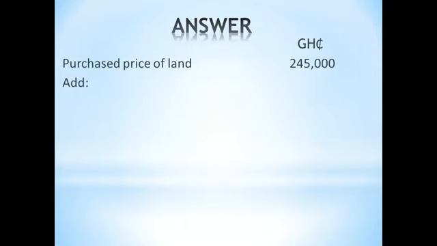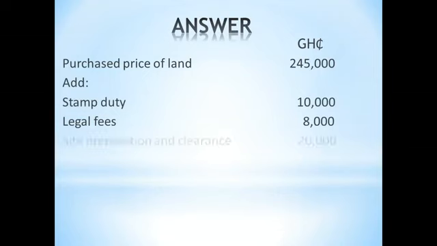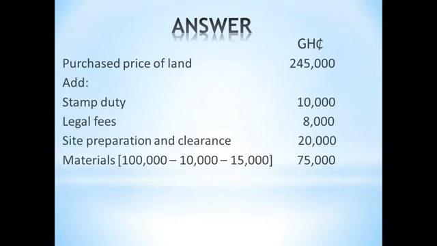So the answer is, we first bring our purchase price of the land, which we have established already. Then we add the various components: the stamp duty, legal fees, and site preparation and clearance. Now let's look at the materials. We brought the amount, which was 100,000, then we less the waste and the faulty design works, which were the 10,000 and 15,000 respectively.